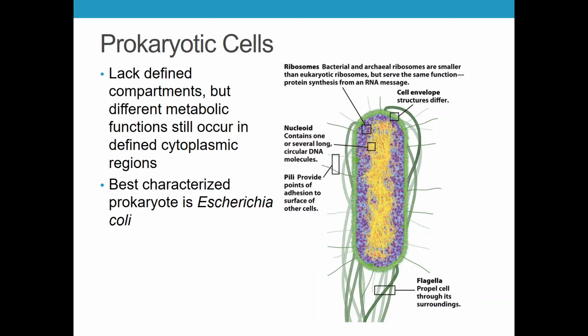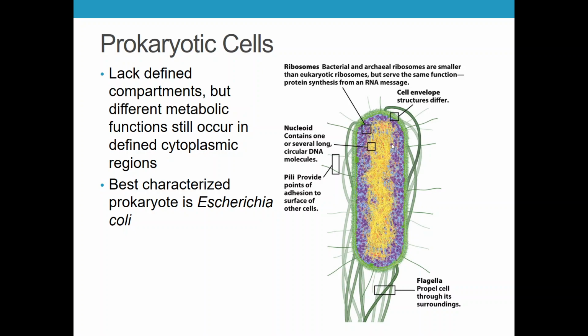Okay, so I just told you that prokaryotic cells lack a defined membrane-enclosed nucleus. So they lack defined compartments, but for reasons that we're not going to really talk about here, they still are able to facilitate metabolic function in very defined cytoplasmic regions of the cell.